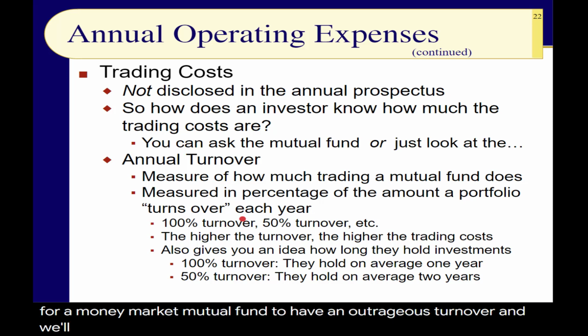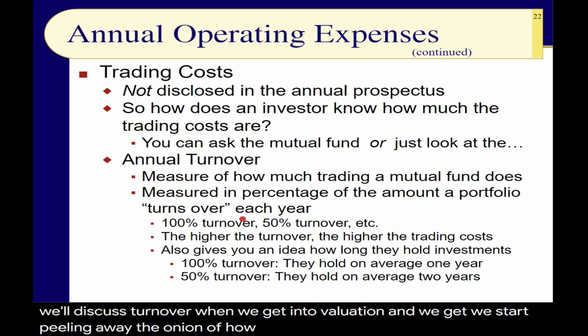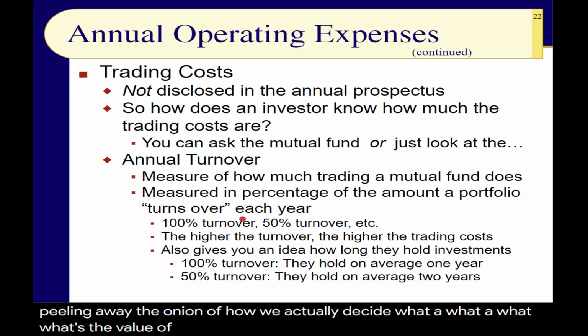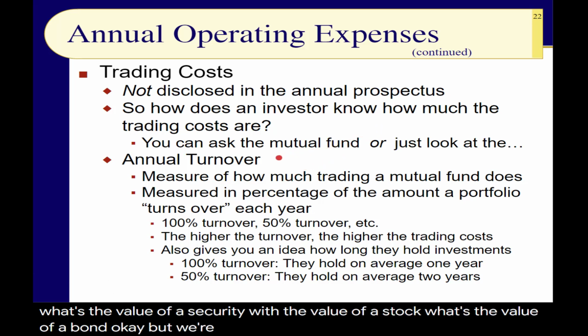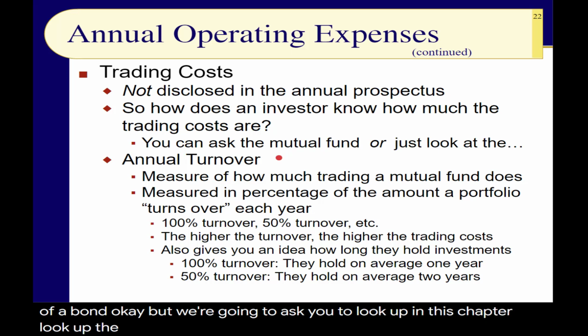And we'll discuss turnover when we get into valuation and we start peeling away the onion of how we actually decide what's the value of a security, what's the value of a stock, what's the value of a bond. Okay? But we're going to ask you to look up in this chapter the turnover for the funds that you're going to research.